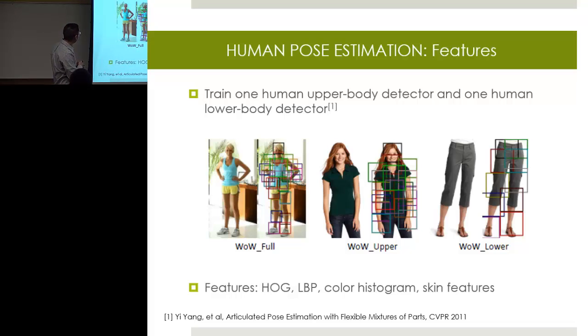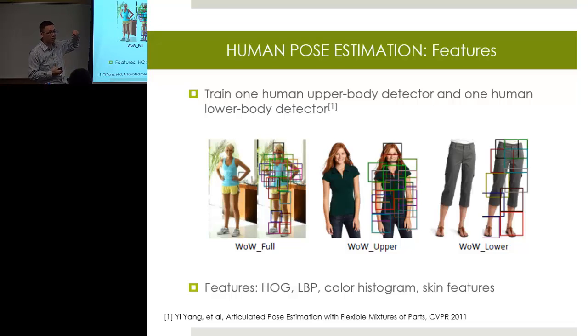So we train an upper body detector and a lower body detector. For the upper body we have 20 patches and for the lower body we have 10 patches. And then for each patch we extract 4 types of features, including HOG, LBP, color histogram, and skin features.